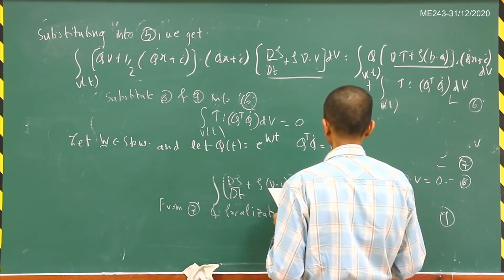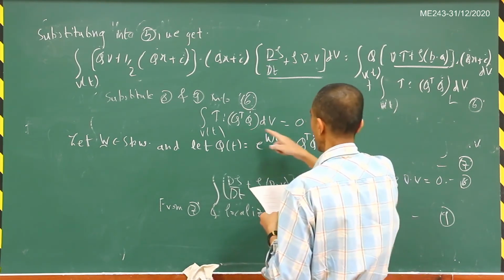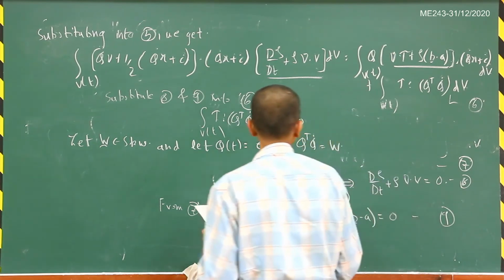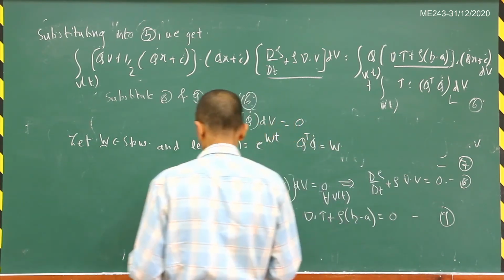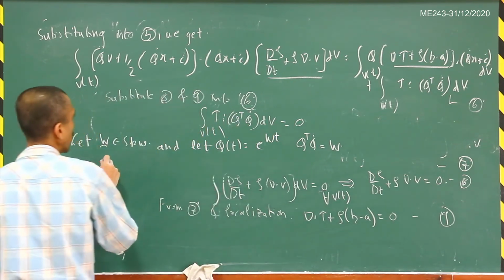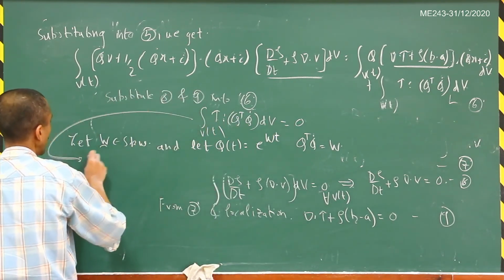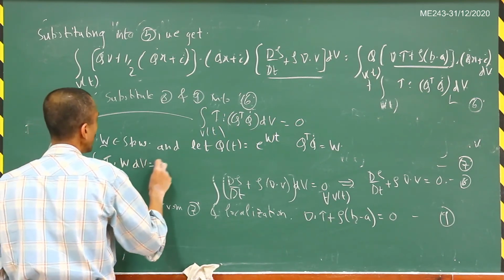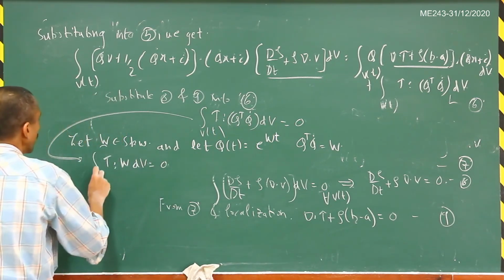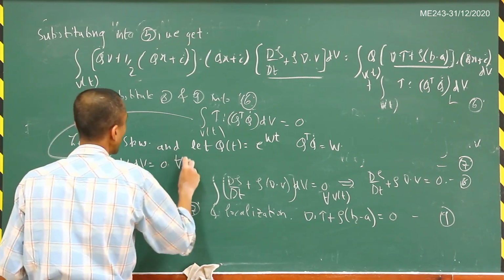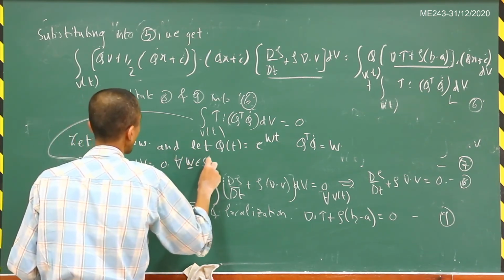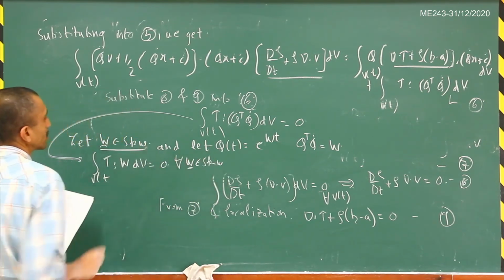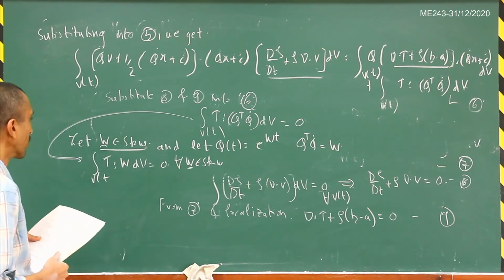And then if you now substitute it into this particular relation, then what you will get is that the integral of tau matrix inner product w dv is equal to 0. This is valid for all w belonging to skew, okay? Because we have started with an arbitrary w belonging to skew.